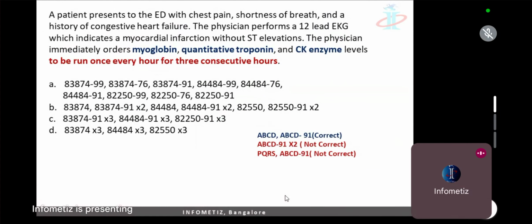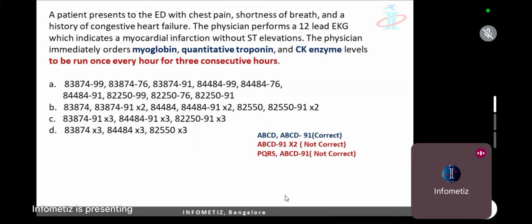Now, good question. Very good. In this question, first thing, we cannot use 99 modifier. I have to change the barcode. 99 modifier we cannot use. 76 you cannot use. 76 is for radiology.